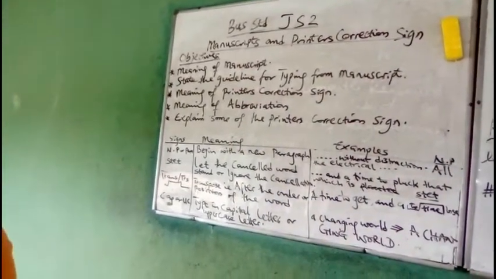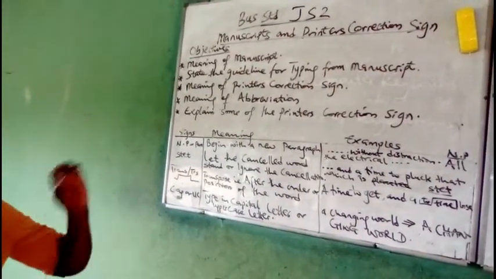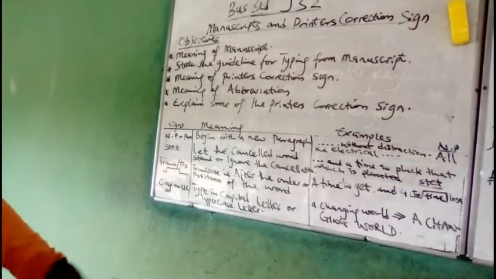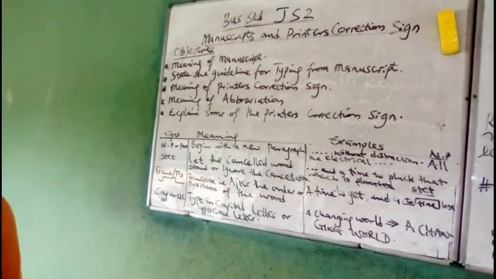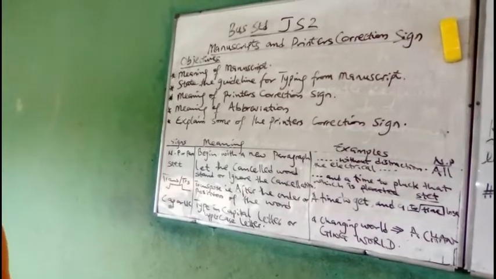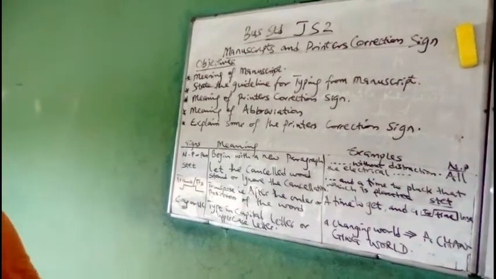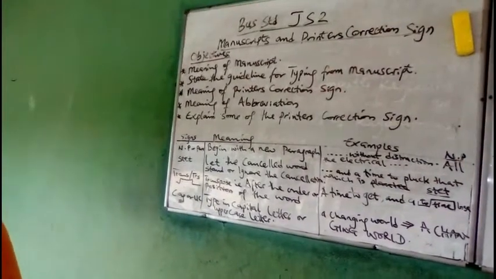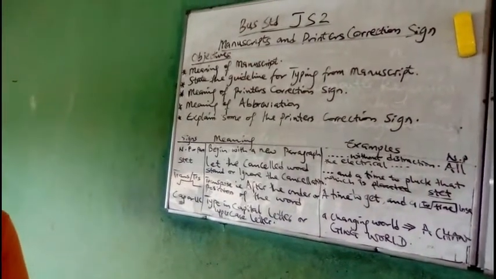It is usually untidy. When you write something with your hand, you might make many mistakes, and being in a haste while writing, your handwriting will not be fine. So, manuscript is handwritten copy of document to be typed.